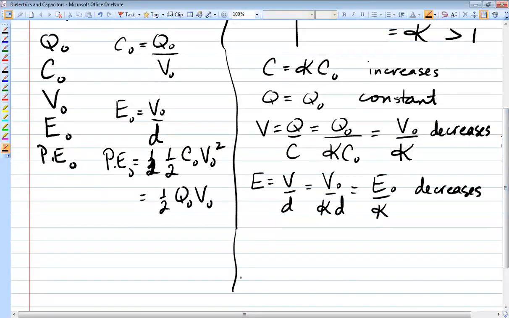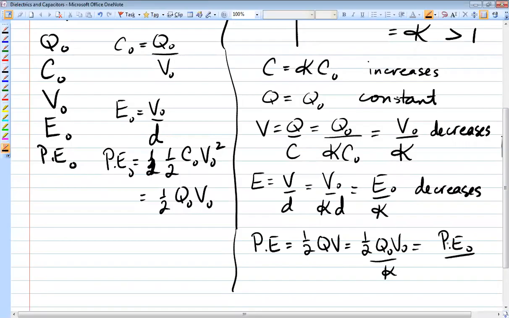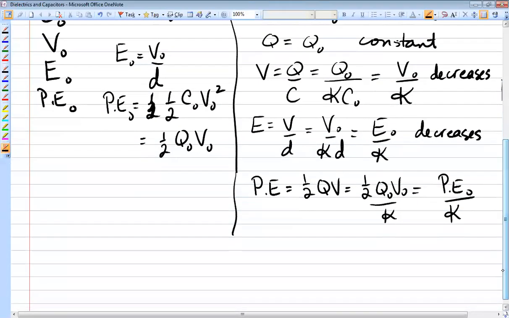Now the potential energy stored, which is half QV, will be one half Q0 V0 over kappa. And so this will be the initial potential energy divided by kappa. So this has decreased. Now where did that energy go?